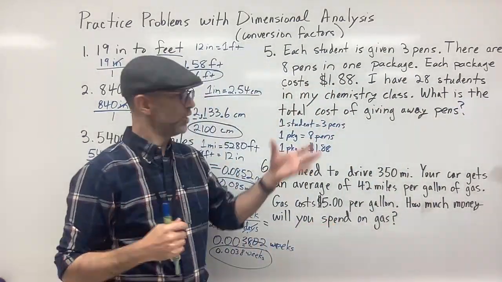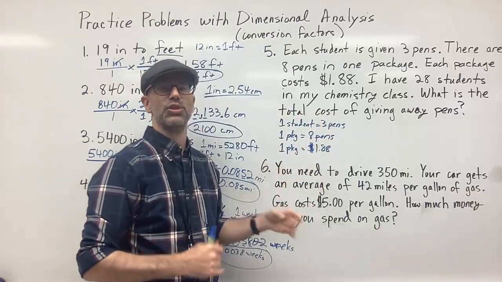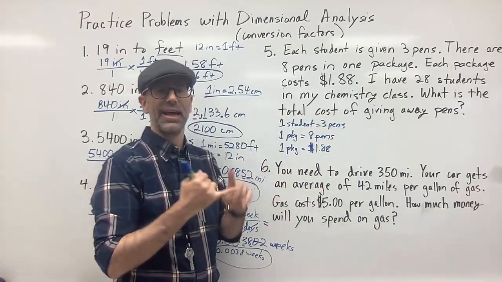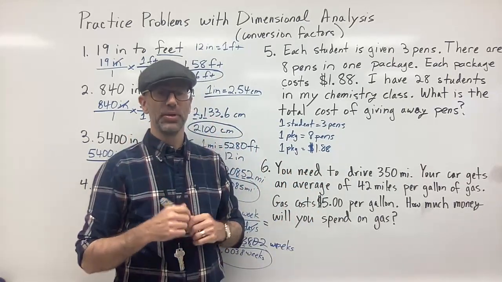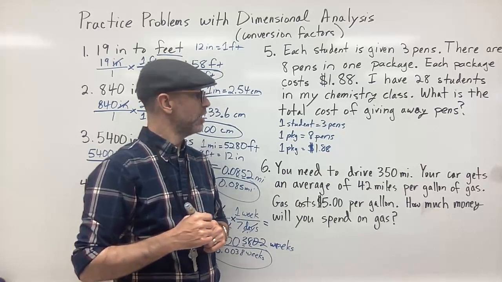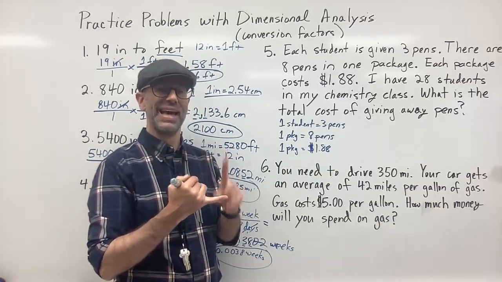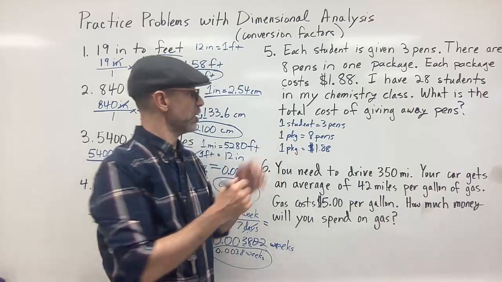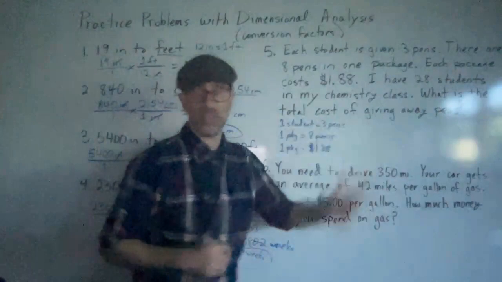So once you've got your relationships here, the next thing you need to do is figure out where you're starting and where you need to end. And the question is almost always the place you're going to go for that. So the beginning of the question is the ending of your problem. So here, the beginning of the question is, what is the total cost?